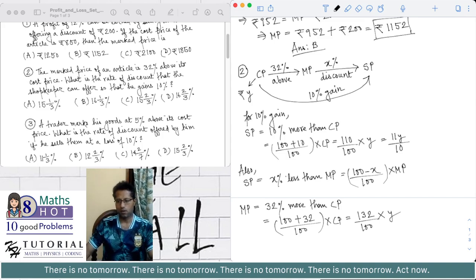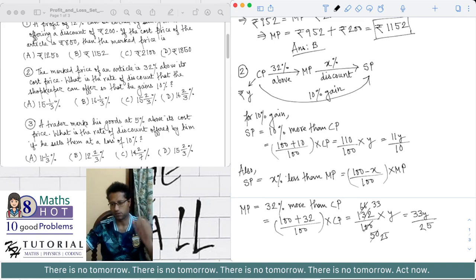Now let's simplify. If we simplify 132 by 100, we get 66 by 50, and then 33 by 25. So this is 33Y by 25.